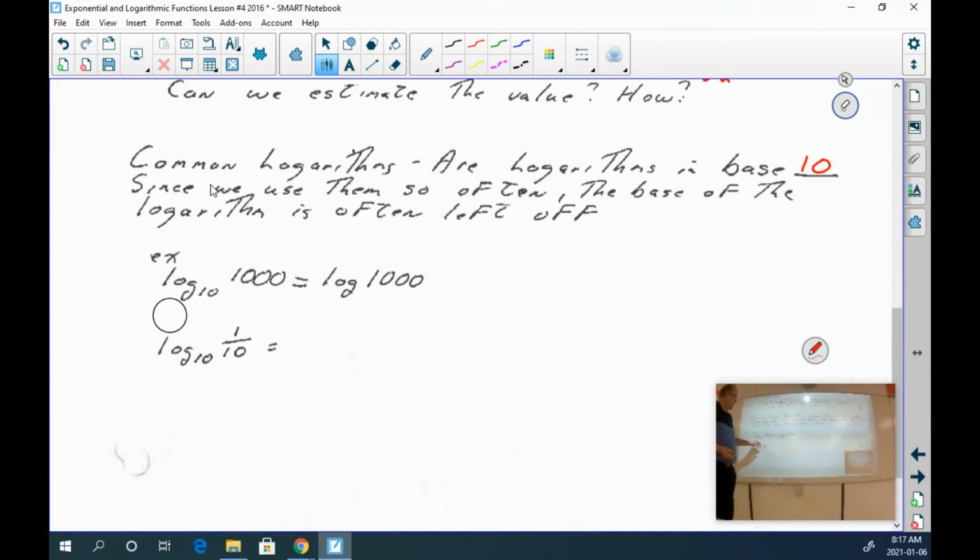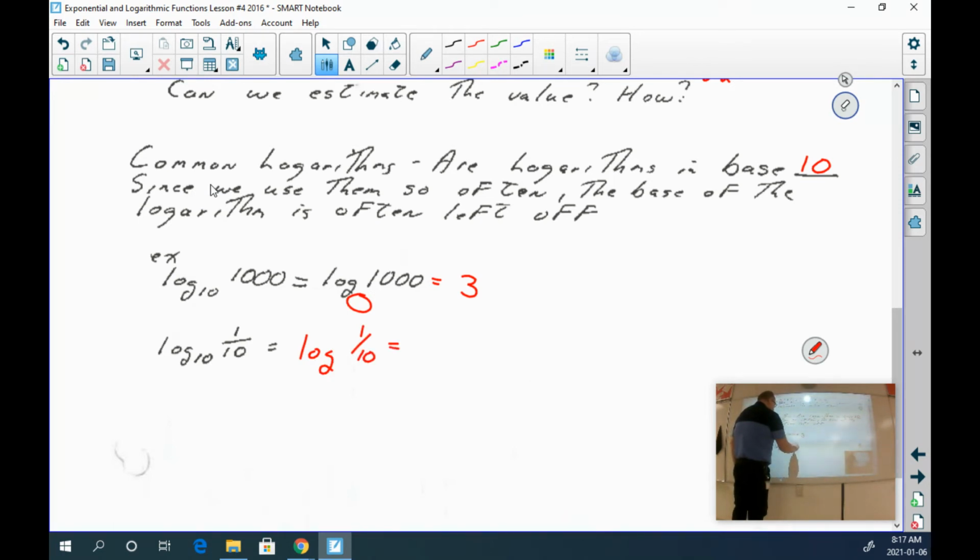So for example, log base 10 of 1,000 would be written as log of 1,000 with no base down here. But we still interpret that the power of 10 that gets me to 1,000 is 3. Log base 10 of 1/10 is most commonly written log of 1/10, and that's -1.